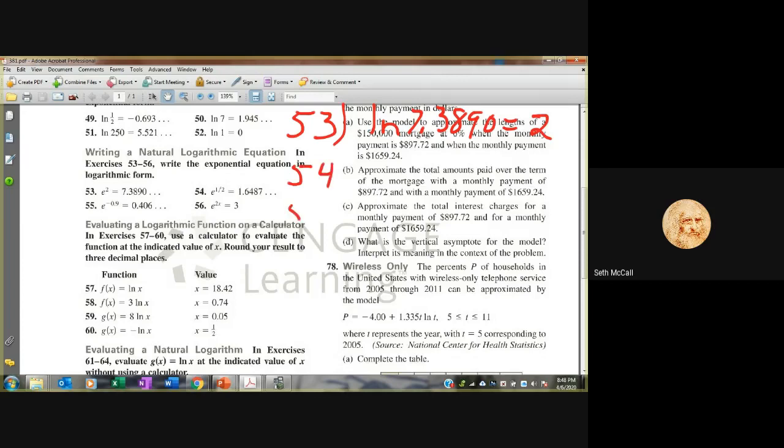54, they're all going to be natural log. 55, 56, it's all because it's base e.